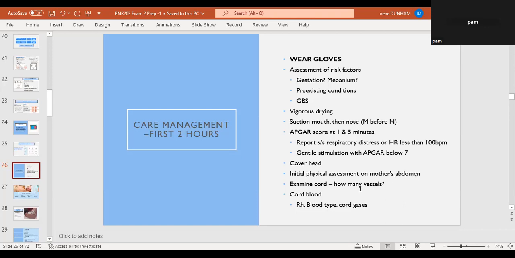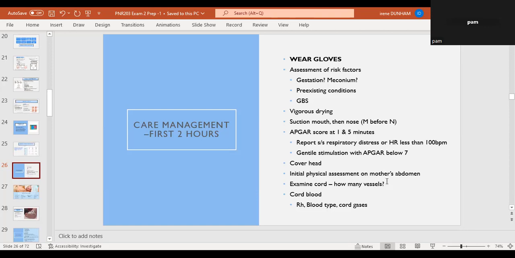And also what we do too is that when the baby comes out, they go ahead and drain the cord back. Whatever blood is in that cord, they wait a few seconds, minutes before they cut the cord so that more blood gets back to the baby. Then you want to look at the cord and how many vessels. A normal cord is 3.